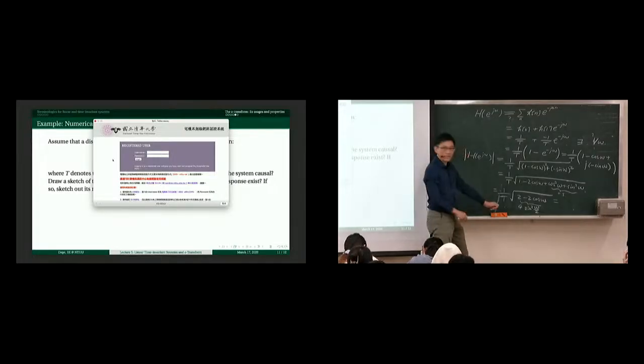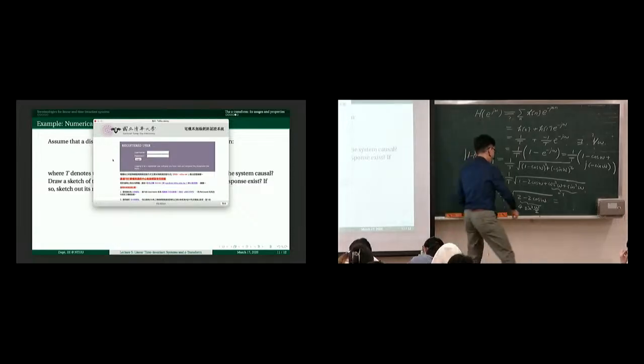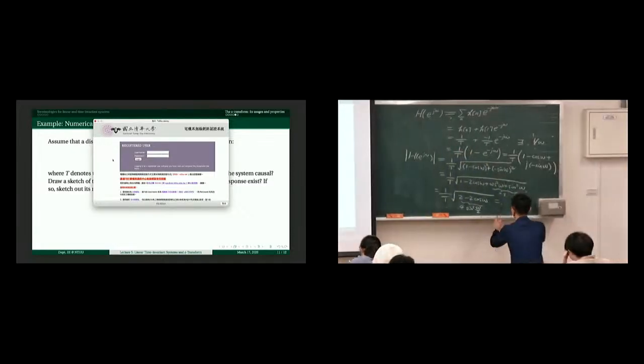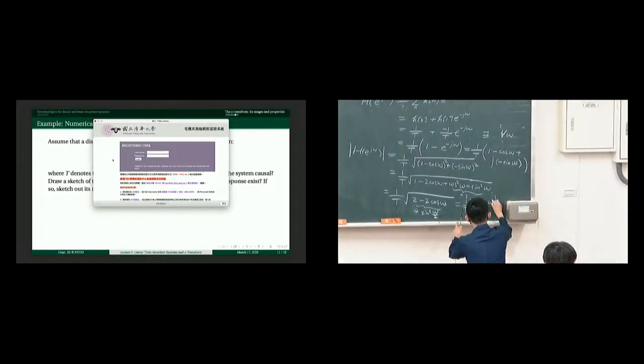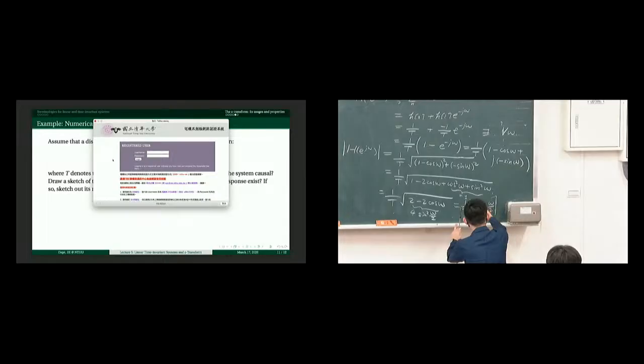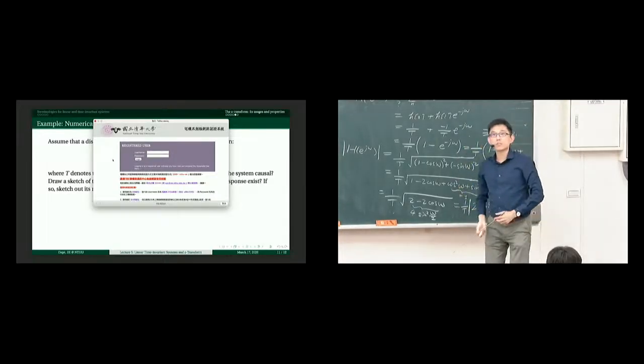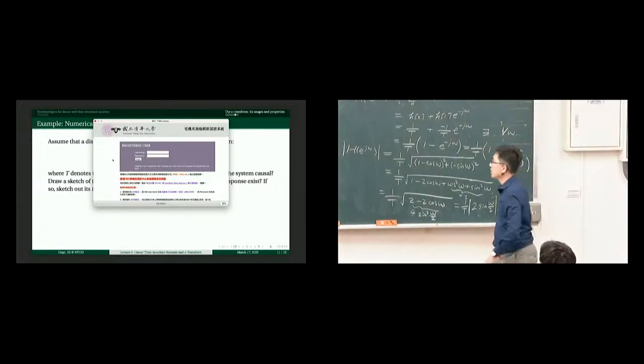Yeah, so that's one further step. So as a final result, we have 1 over t, and here we have 2 sine of omega divided by 2, taking the absolute value. So now everything's real. That's the magnitude response we're talking about.